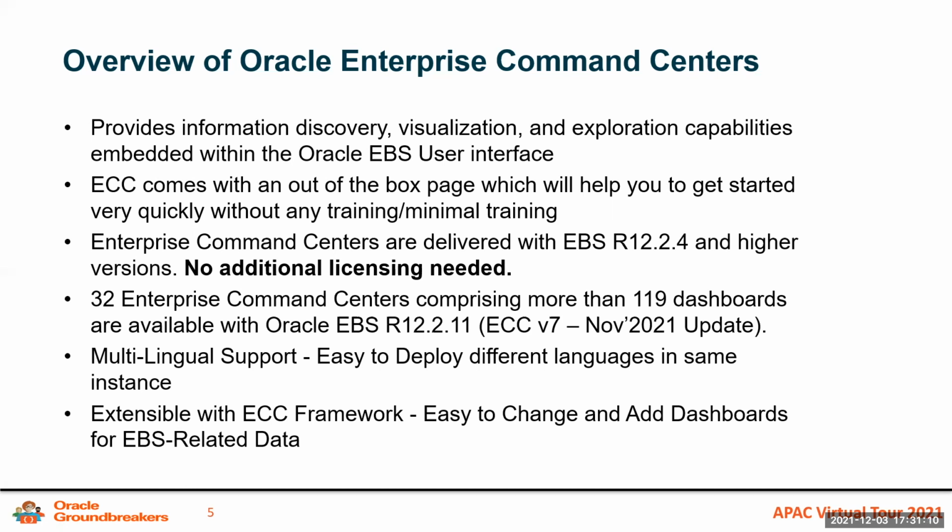Last year they released EBS 12.2.10, and this year they released EBS 12.2.11. But for ECC, they release new versions every month. In March we had ECC V6, and now we have ECC V7.